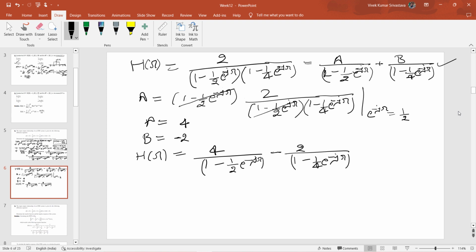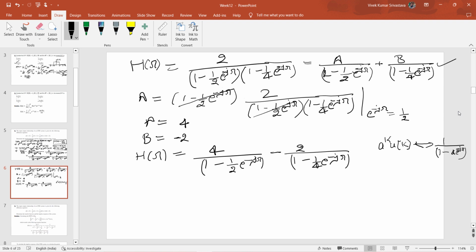As we know, a raised to the power k into u of k has the discrete time Fourier transform 1 over 1 minus a e raised to the power minus j rho.